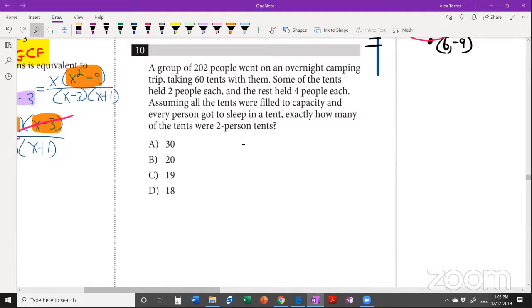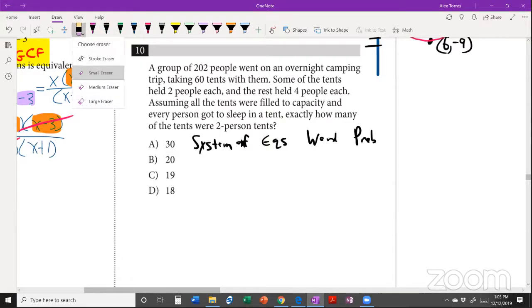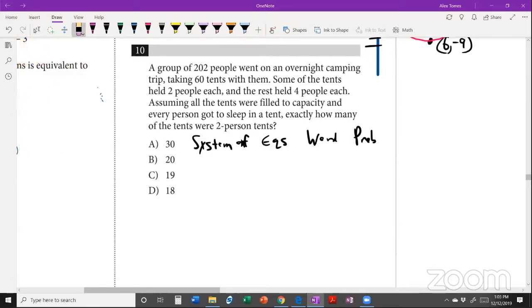A group of 202 people went on an overnight camping trip, taking 60 tents. Okay, so this is our classical, beautiful system of linear equations word problem. And as you are maybe noticing, you'll see these once or twice on every SAT, at least.